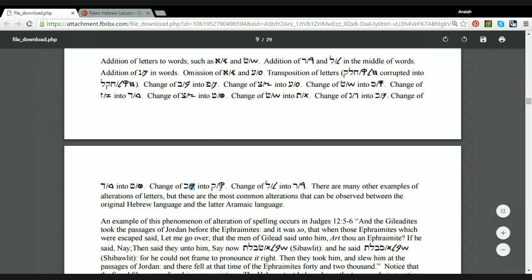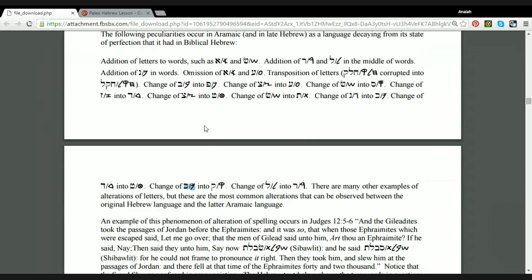And then K changed into Q, because you know how in modern Hebrew the Q and the K sound almost identical, right? Yeah. So that's kind of why the change happened there. And then L sometimes into R. Like if you try to say really, are you kidding me? Really? Try saying riri, you know, like the L and the R. It's very similar in sound.